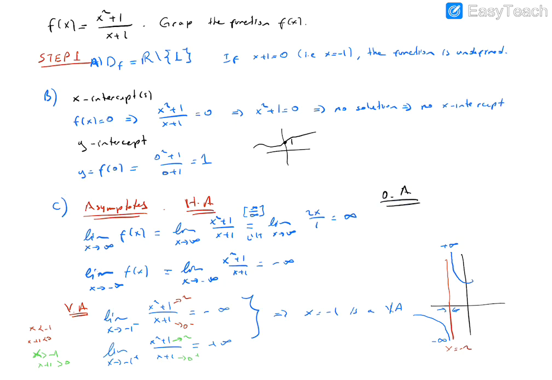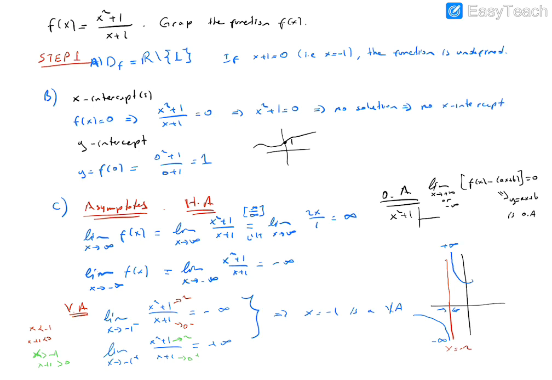The oblique asymptote for a quotient function can be calculated by using polynomial division. Actually, the limit definition is the following. When x goes to plus infinity or minus infinity, if f of x minus ax plus b goes to 0, this means y equals ax plus b is the oblique asymptote.